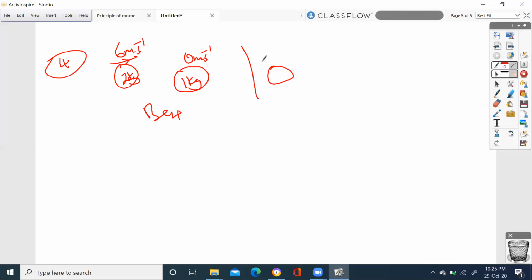After collision, we shall assume that this one is going this way with the velocity v1, and this one is also going this way with the velocity v2. This is 2 kilograms, this is 1 kilogram.